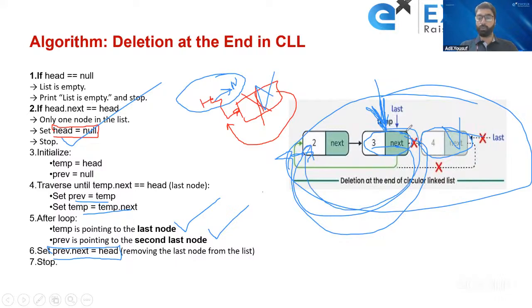So in order to point this node to head, we have to set it as previous. That is why we have created a previous variable, to keep a reference of the previous node. So when we say previous dot next is equivalent to head, we are removing this last node.